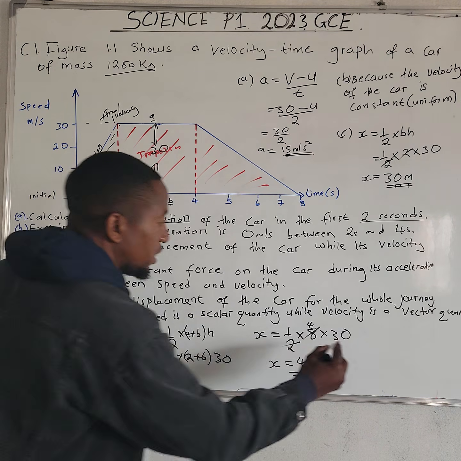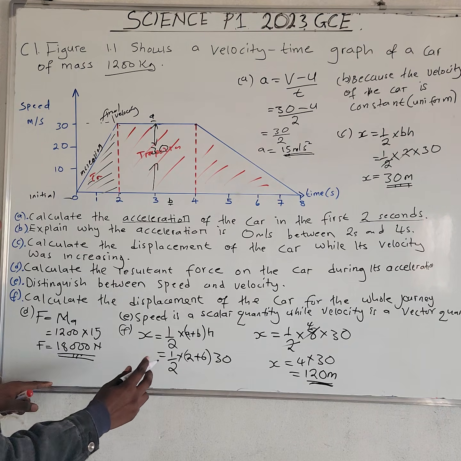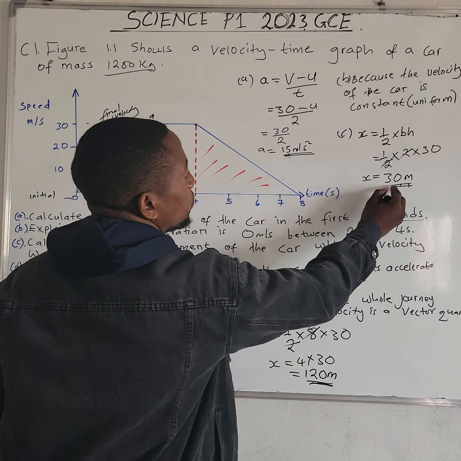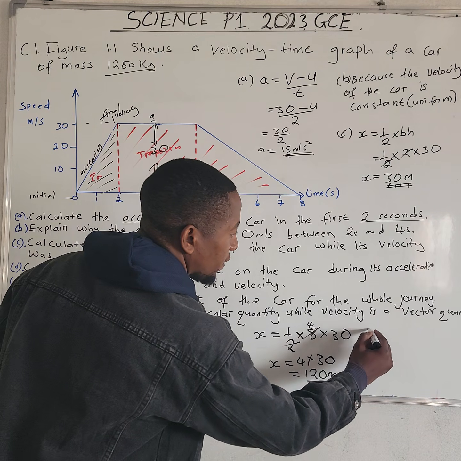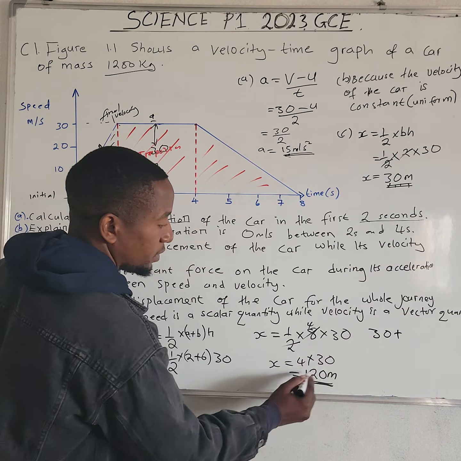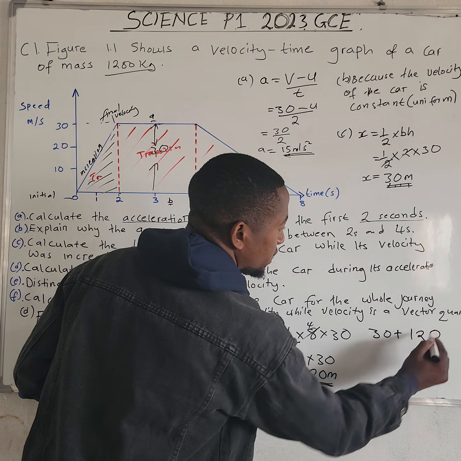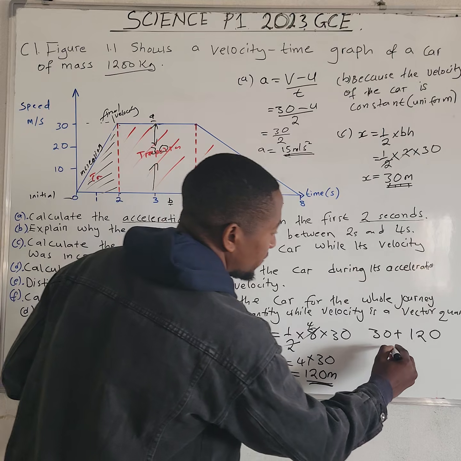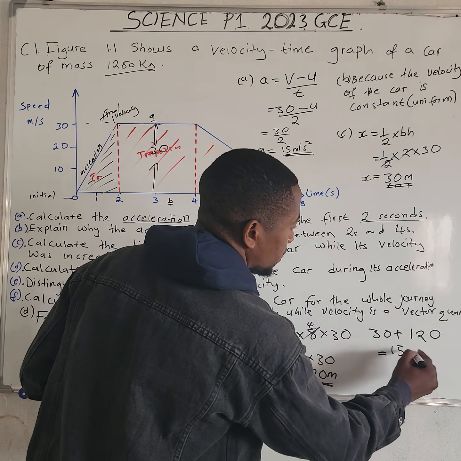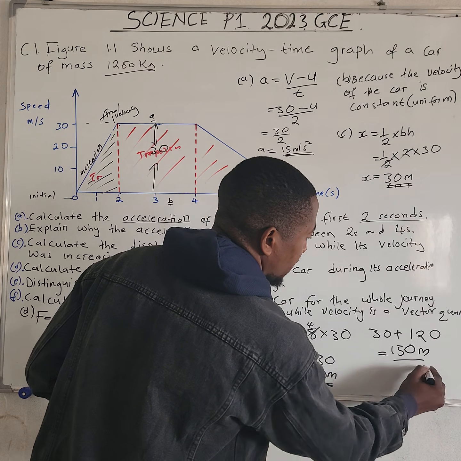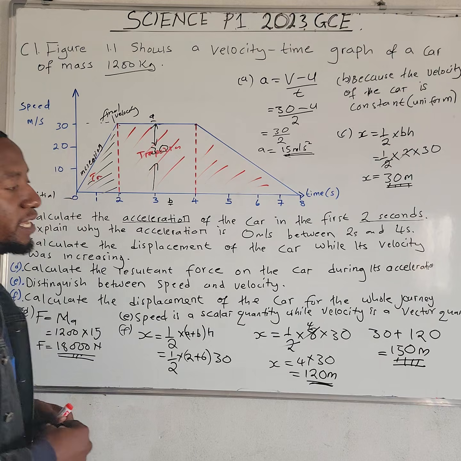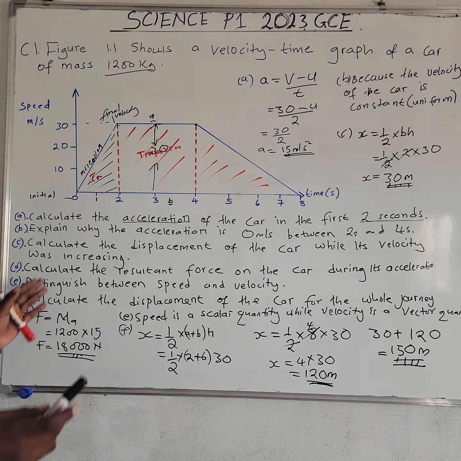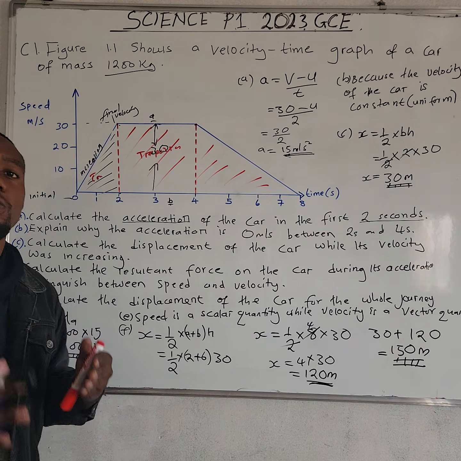We are going to say 30 plus 120, which gives us 150 meters. This is the displacement for the whole journey.